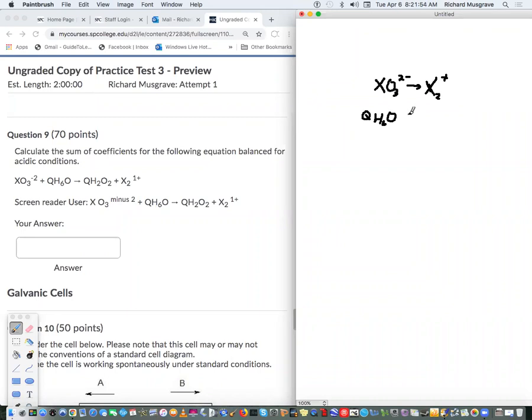I kind of like to put them under each other with the arrows. QH60 gives QH2O2.